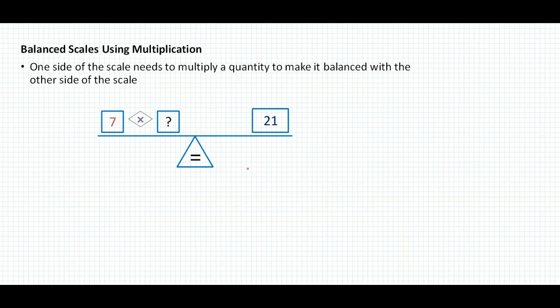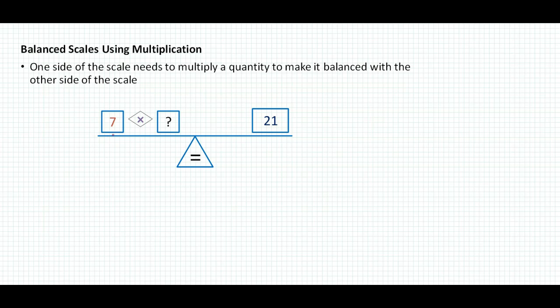So let's look at multiplication. In the case of multiplication, we're going to find a way to balance the scale by multiplying a number by the value on the lighter side of the scale to make it balance with the number on the heavier side.